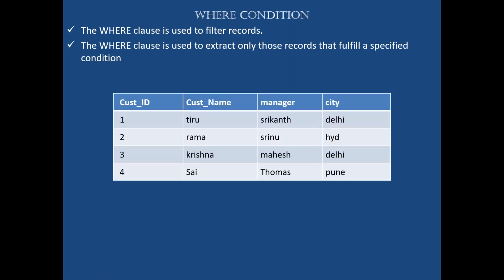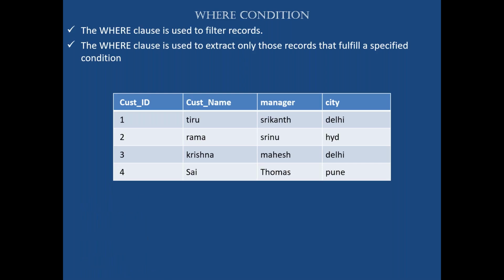Okay, moving on. The where clause is used to filter the records. The where clause is used to extract only those records that fulfill a specified condition. First ID, first name, manager, city, 1, 2, 3, 4.